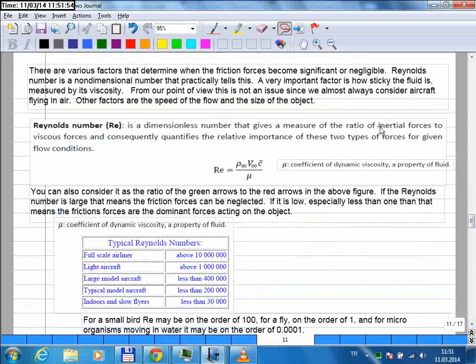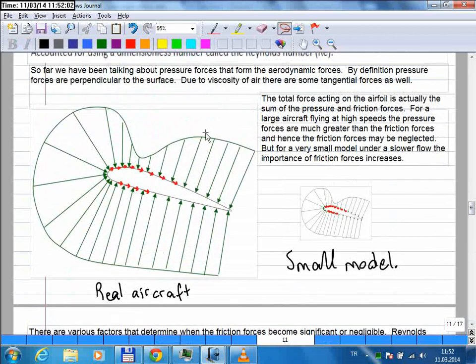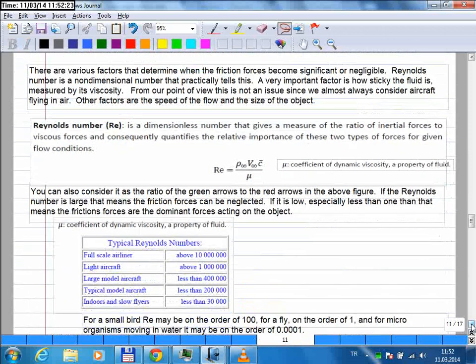So here it says the ratio of inertial forces to viscous forces, but you can also view this as the ratio of these two types of forces here: the pressure forces, which are perpendicular to the surface, to the tangential forces caused by the fluid friction. So the Reynolds number is just the ratio of these two forces. Okay, it's a non-dimensional number again. So a force divided by another force, you get a non-dimensional number.